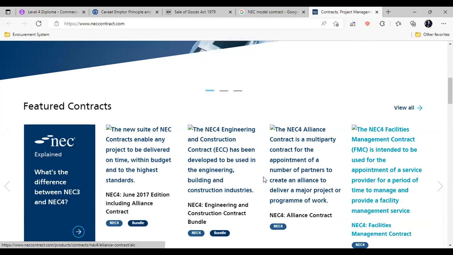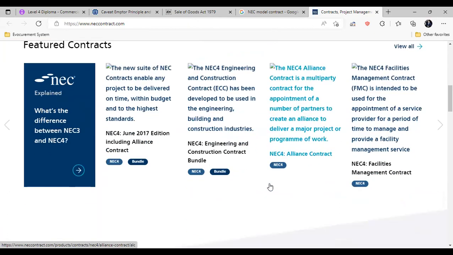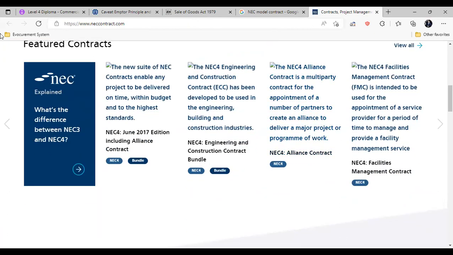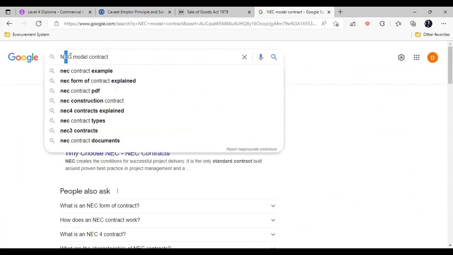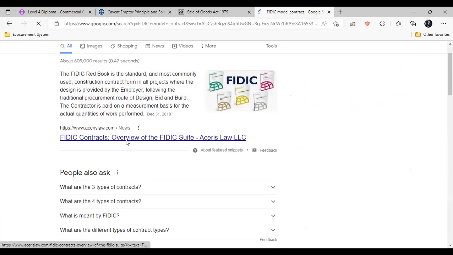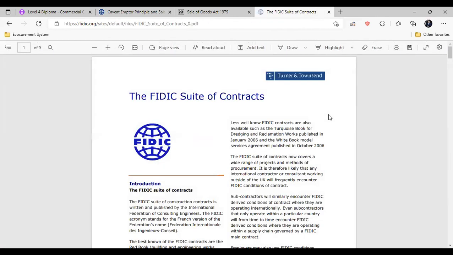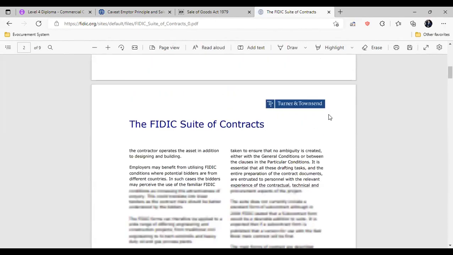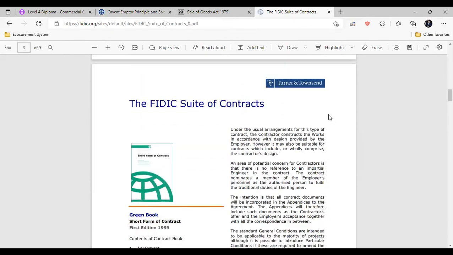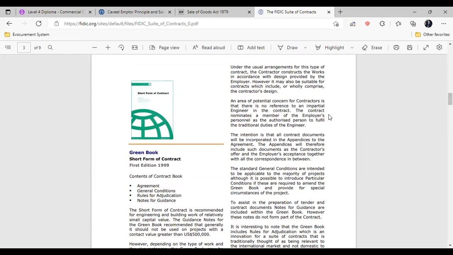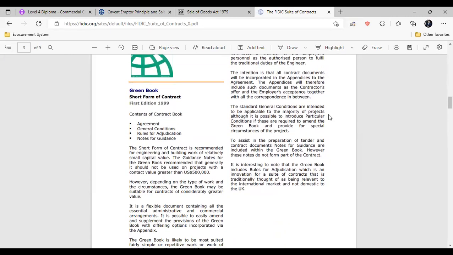Here you can see very clearly, these contracts are developed for engineering, building, and construction. How about FIDIC?